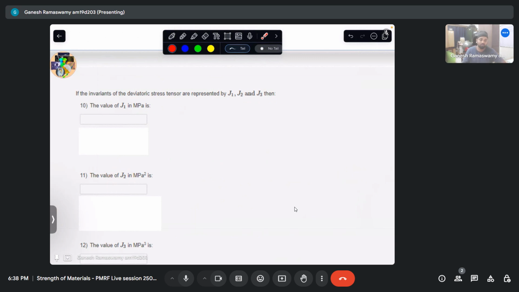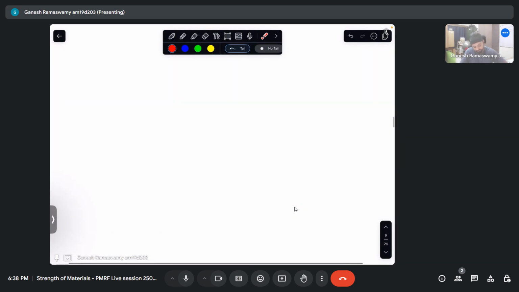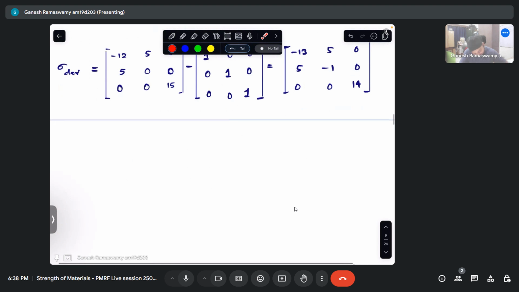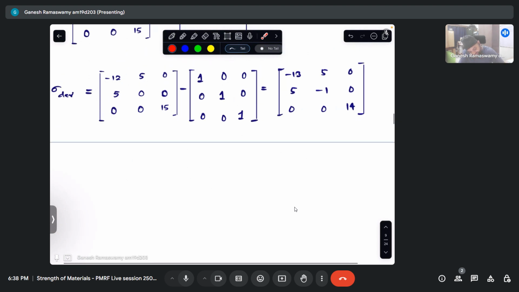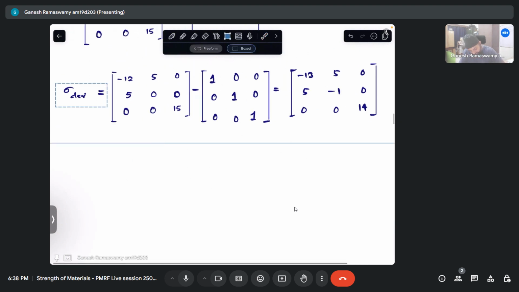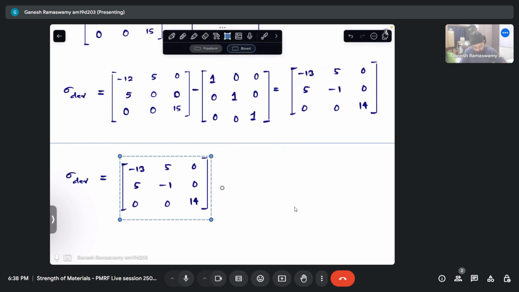So that is why it is also mentioned in the lecture that it is called the J2 theory, the theory of failure for metals. That being said, now that we have the deviatoric stress tensor with us, let us find out what its invariants are, which is very straightforward.